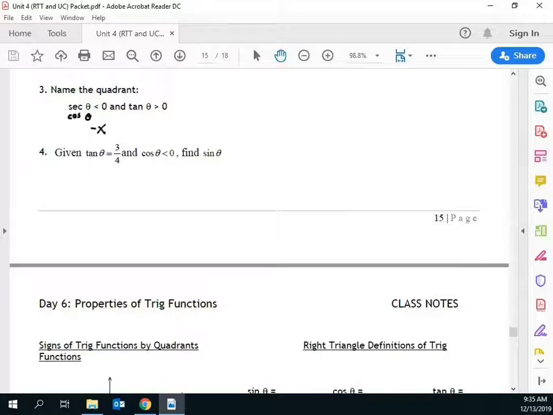Tangent is y over x, which needs to be greater than 0, which tells you what? Positive, which means both signs are the same. Where are both signs the same? Either positive, positive, or negative, negative. It's in the third quadrant because both signs are the same.